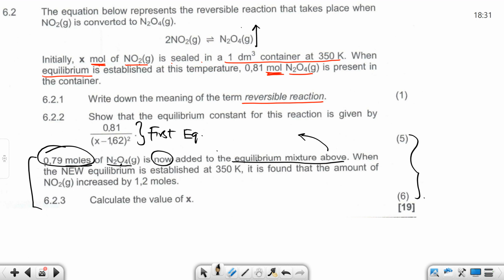Guys, we increase this one, right? We have caused a disturbance. What do we need to do? We need to use it. While we are using it, equilibrium will shift to the left. Guys, you added more of this. There's an imbalance. This is now excess. You need to get rid of it. Look, I like chemical equilibrium. It's life.